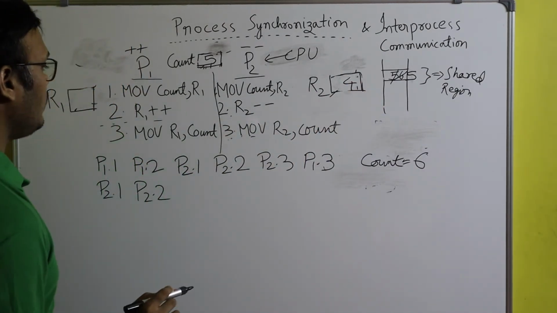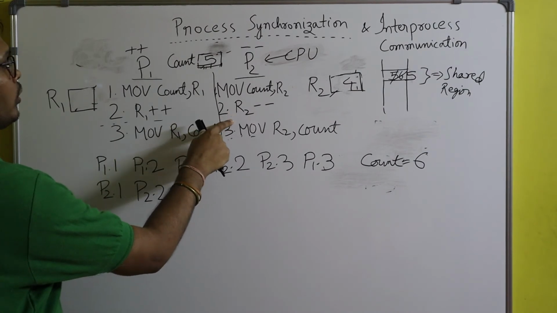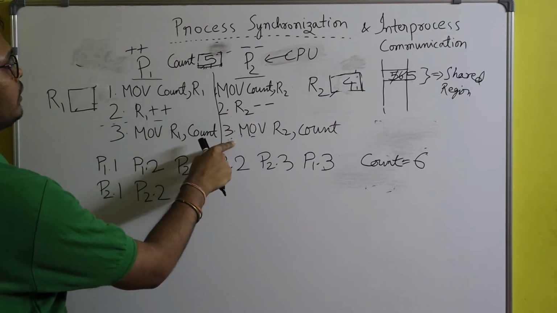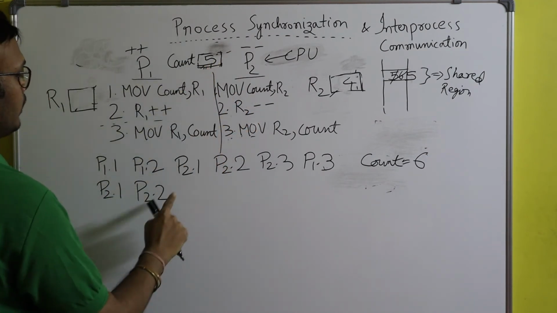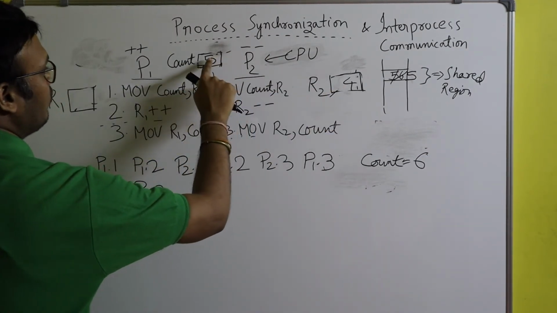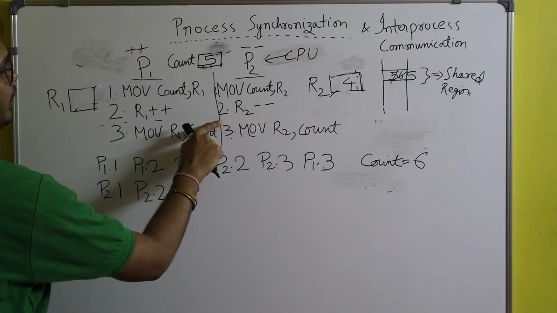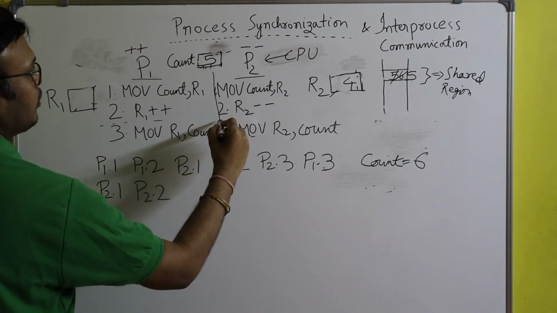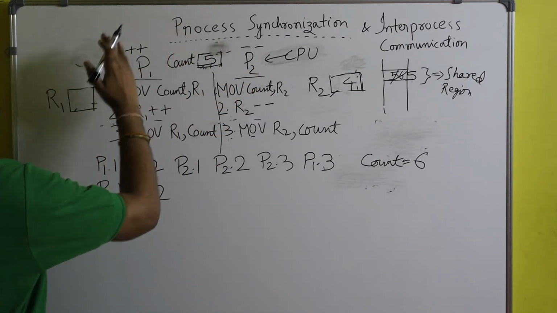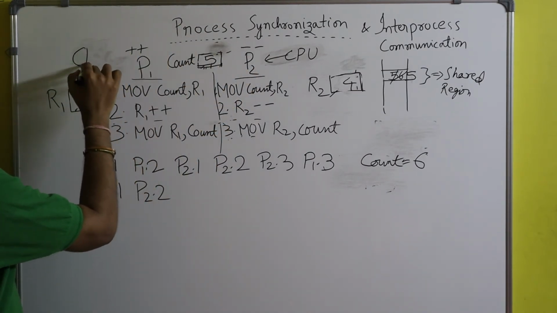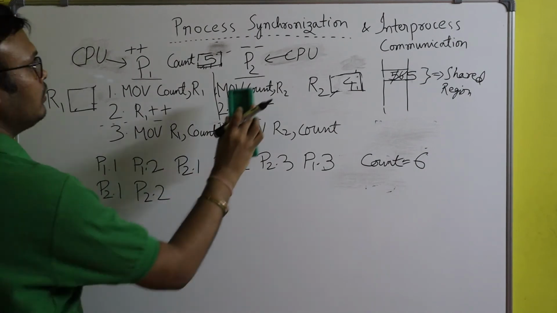And here, before process P2 could execute the third instruction, or you can say before P2 could update the value of count as 4, the interleaving happened at this point. The CPU is snatched from process P2 and given to process P1. Now the CPU is with process P1.